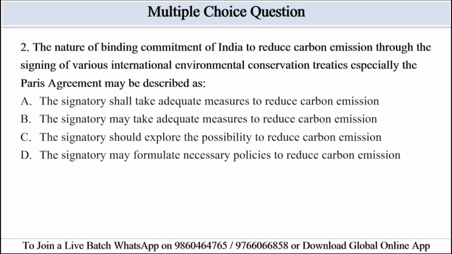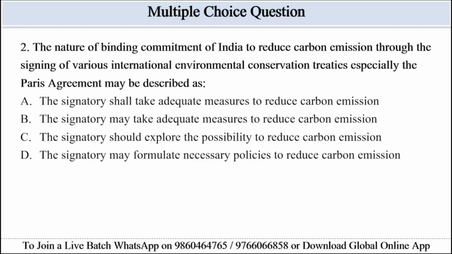So here in the question, it is given binding commitment, that implies mandatory action, and the passage states that a universally binding agreement was made to limit greenhouse gas emission, and India has a binding commitment. So option A, shall take adequate measures, reflects a binding duty.